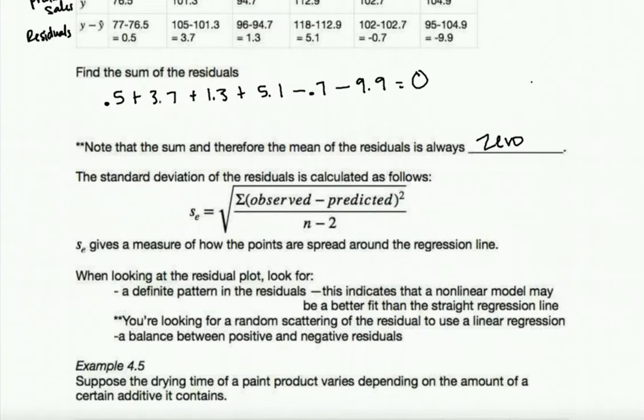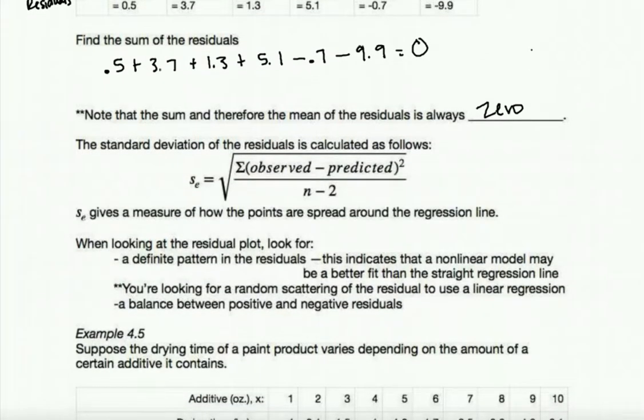When you're looking at the residual plot, you're looking for a definite pattern in the residuals. If you see a definite pattern and you don't just have a random scattering, then a linear model may not be your best way to predict. A non-linear model may be a better fit than a straight line regression.